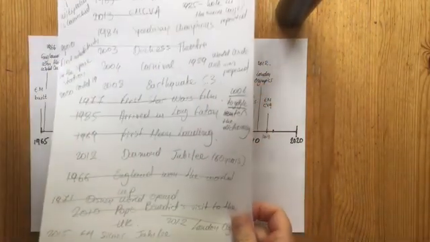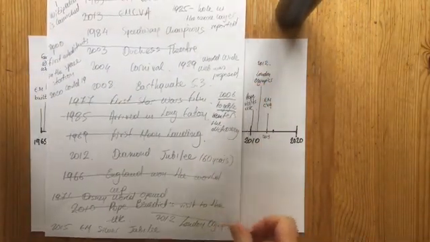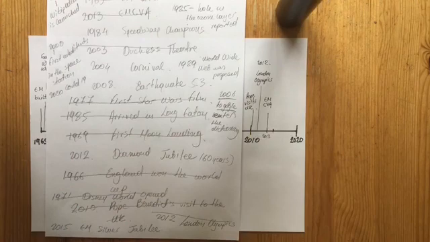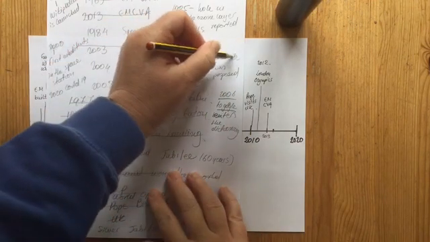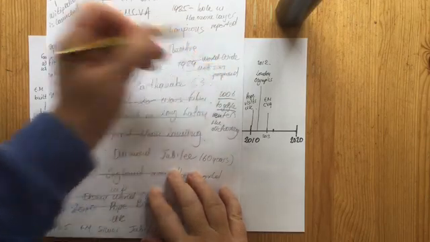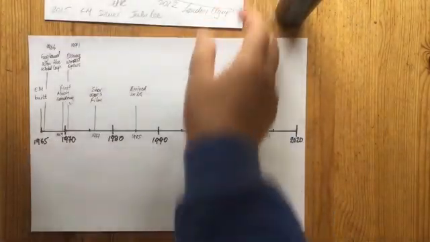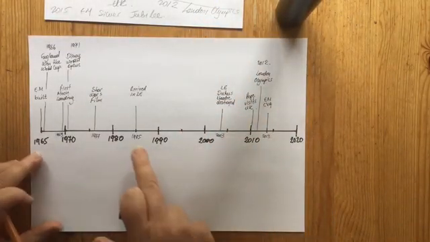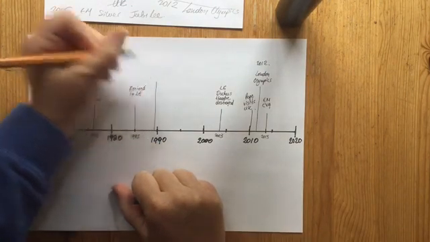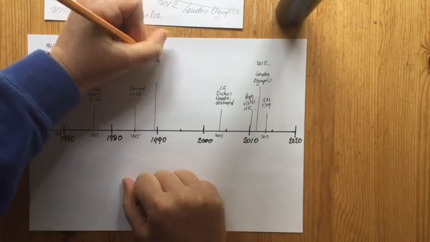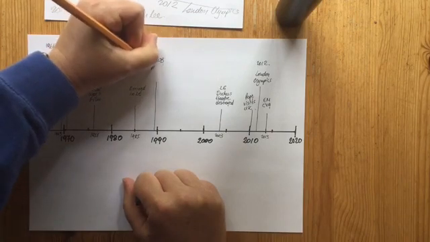What can I find from the 1990s? Oh, 1989, just before 1990. The World Wide Web was proposed as an idea. It didn't exist before then. So 1989, just before 1990. World Wide Web proposed.